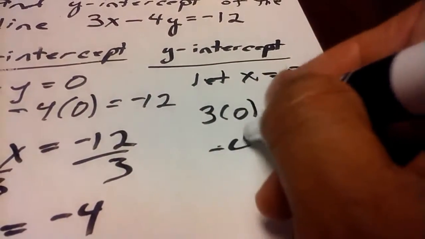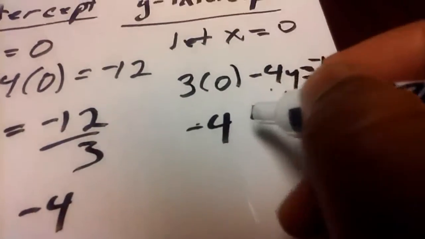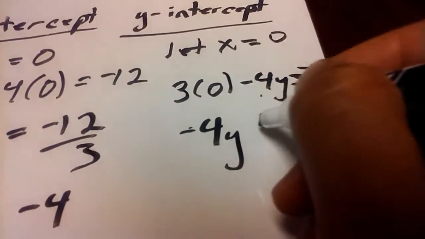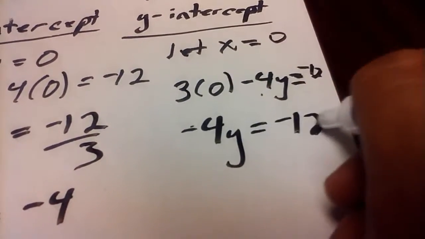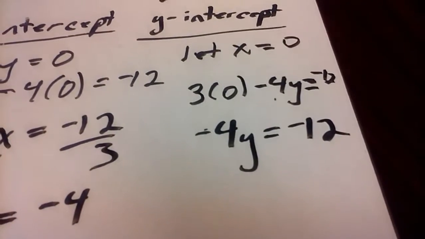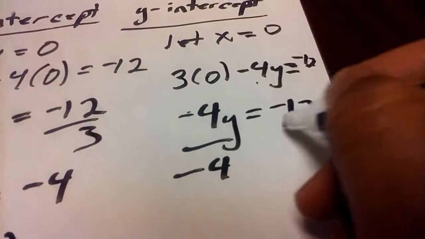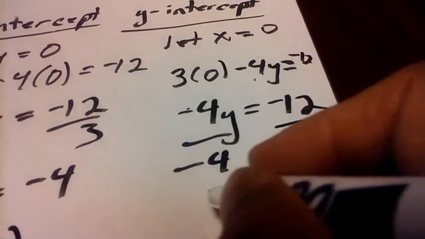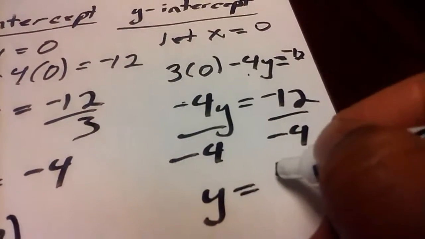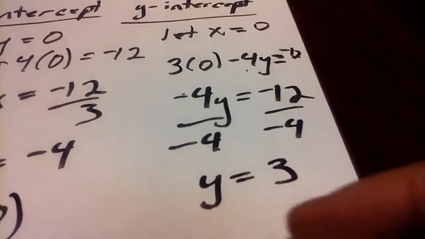We get negative 4y equals negative 12. Then you divide by negative 4, so we get y is equal to 3 in this case.